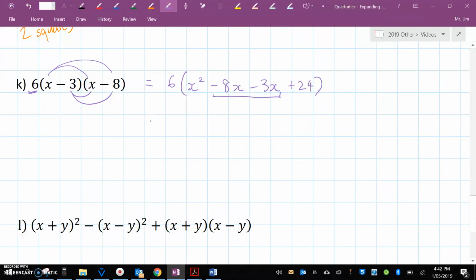Collect like terms. 6 outside of x squared minus 11x plus 24. Now we can multiply everything inside of the brackets by the 6. That gives us 6x squared minus 66x plus 144.